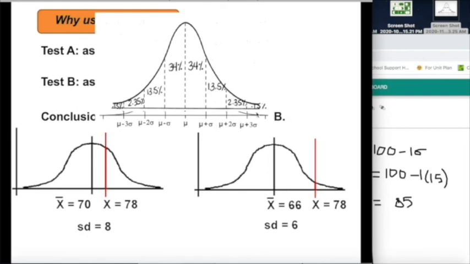If we look at the area under the curve, 2.35% plus 0.15%. But for test A, this is test A, Fred's score is only 1 standard deviation away. So that one there. So again, Fred did much better on test B.